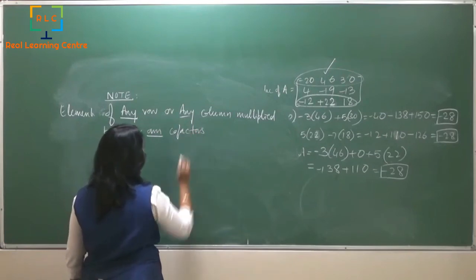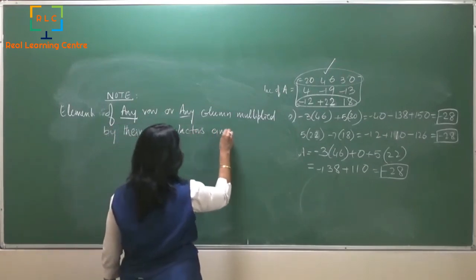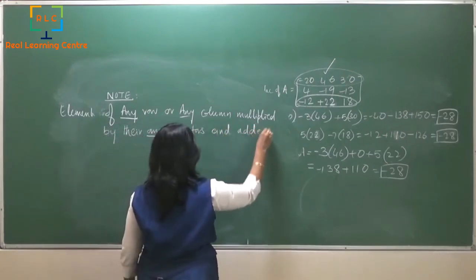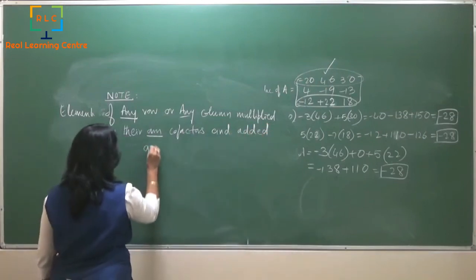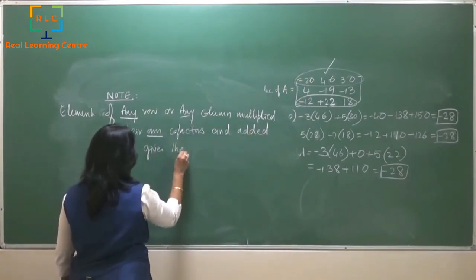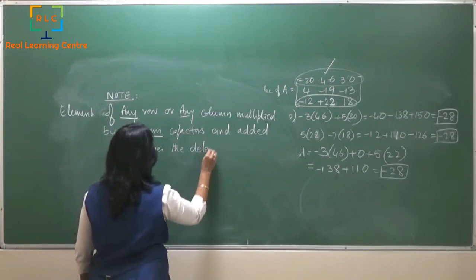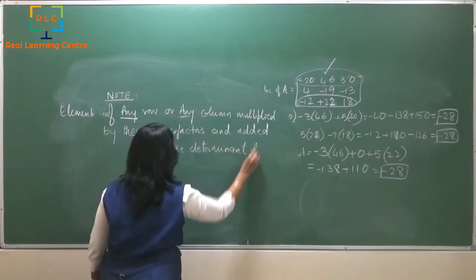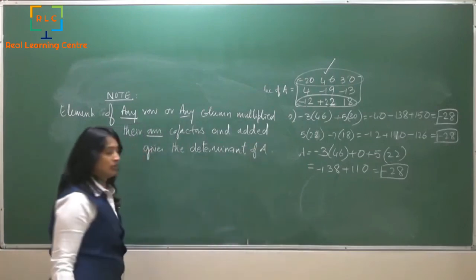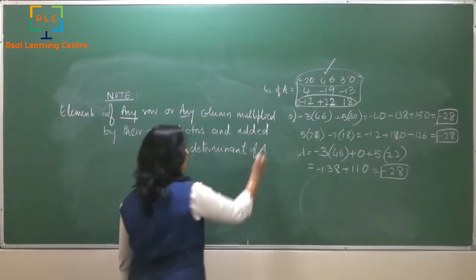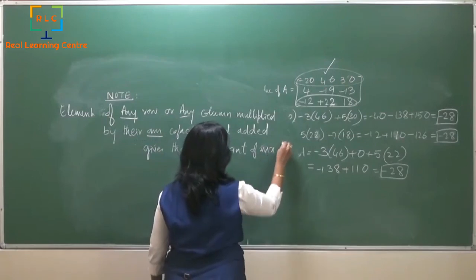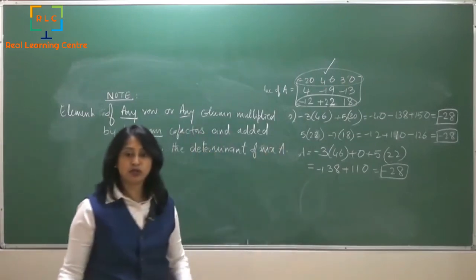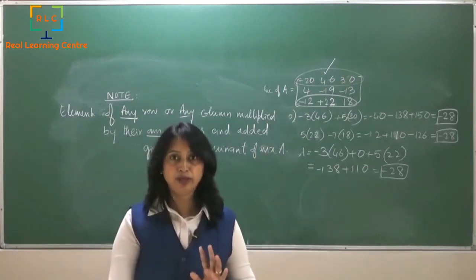By their own cofactors and added gives the determinant of a matrix. Gives the determinant of A. Okay, determinant of matrix A. This is one of the main things you have learned today.